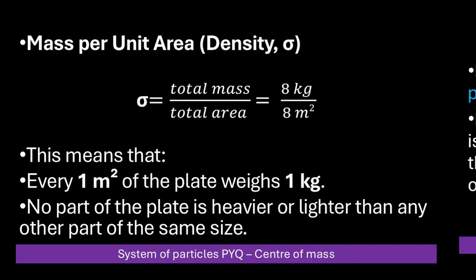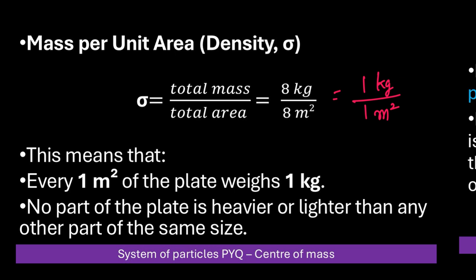Right? Now, what is the mass density here? The mass density here is mass per unit area, sigma. What is the total mass? It is 8 kilogram. What is the total area? It is 8 meters square, which means the mass density here is 1 kilogram per meter square, which means every meter square area of this plate will weigh 1 kilogram.